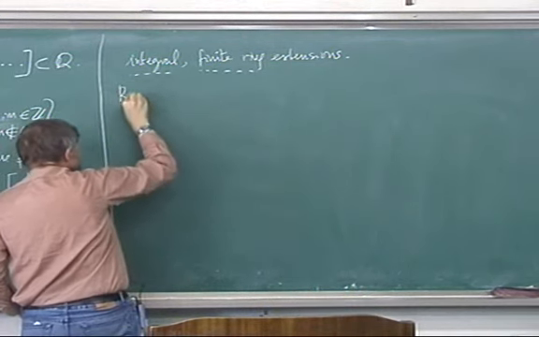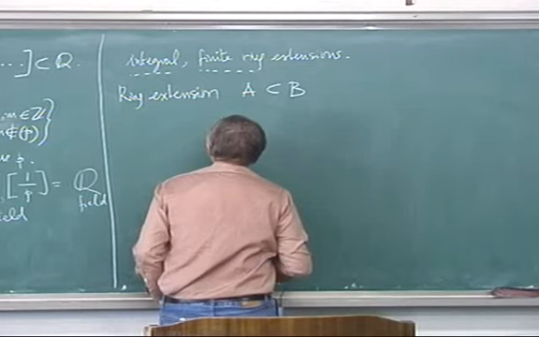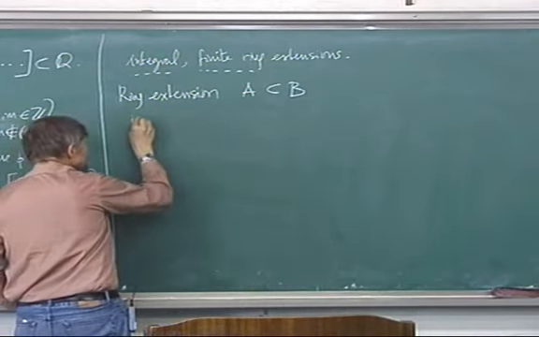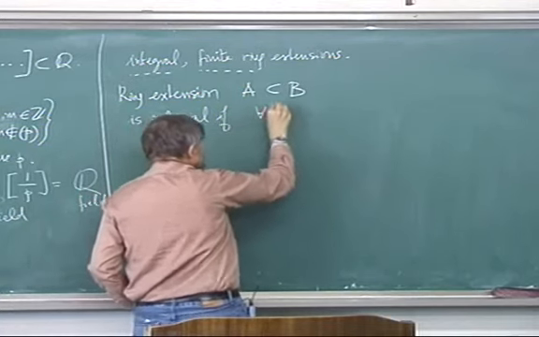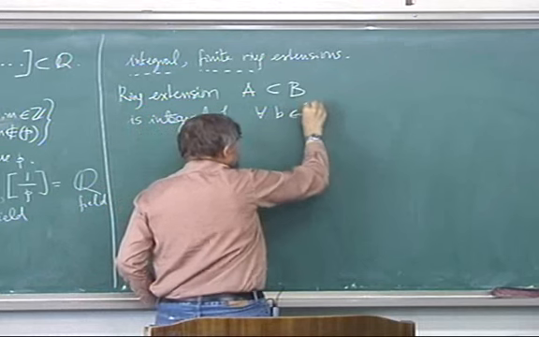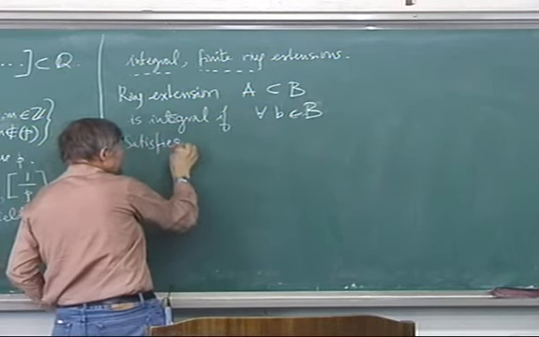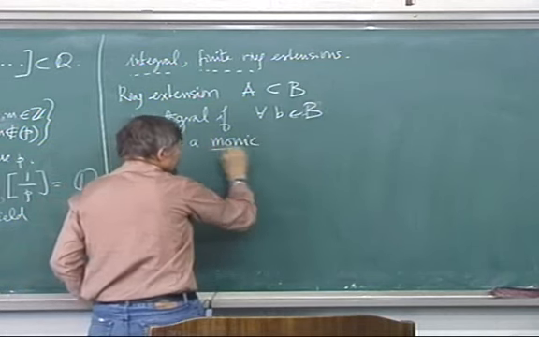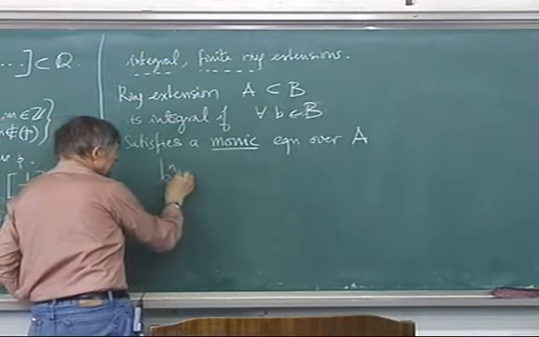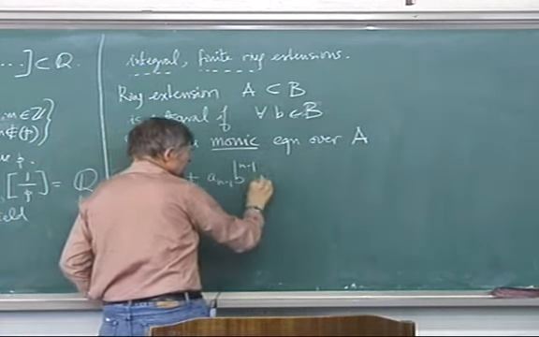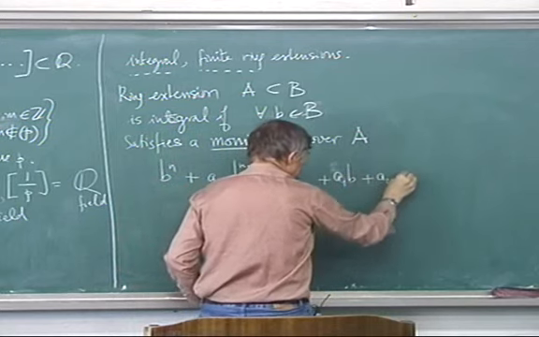A ring extension A to B is integral if every b in B satisfies a monic equation over A. This means b to the n plus a_{n-1} b to the n minus 1, plus and so on, plus a_1 b plus a_0 equals 0.